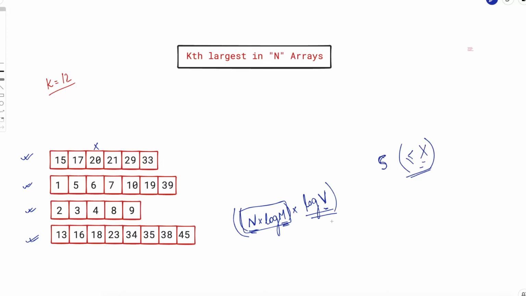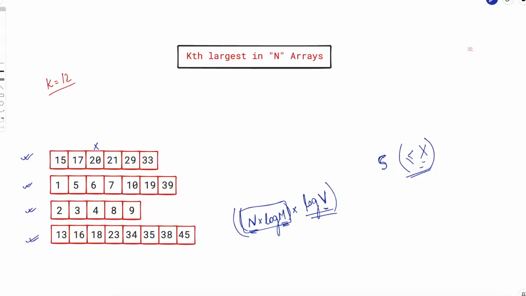Or in other words, v is the maximum value across all these elements as well. That is also fine. So this is much more efficient than whatever algorithm we had previously, and this will pass the given time constraint as well.